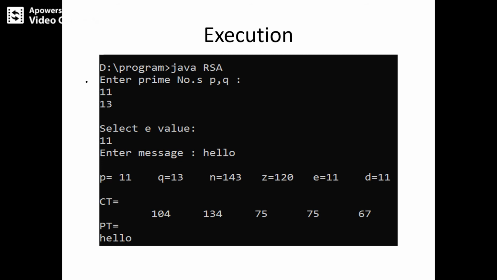Whenever this condition is satisfied, we select that integer value for e. Here we have selected 11, which is one of the prime numbers.